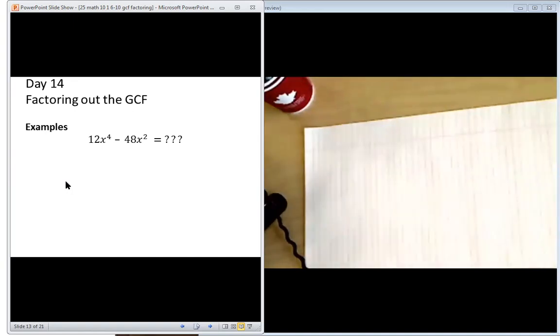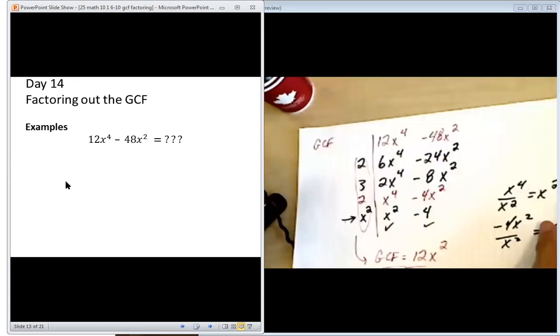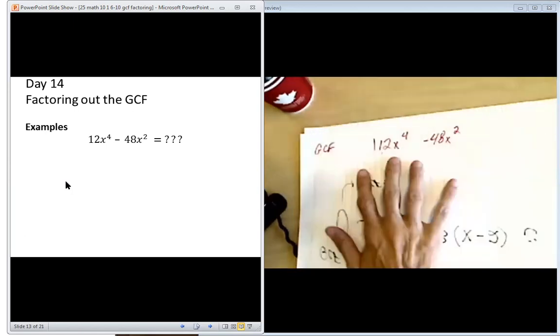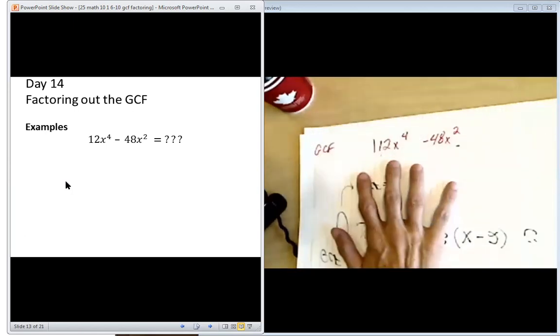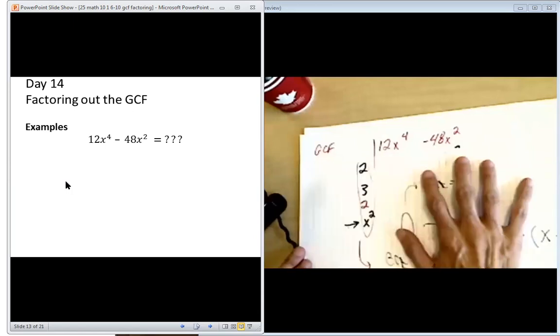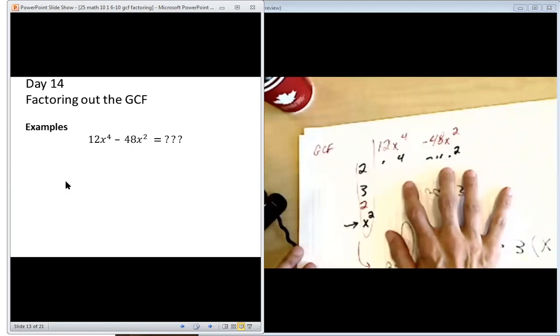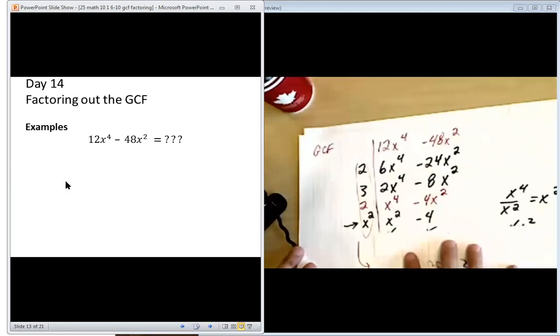So we've got to factor out the GCF from this thing here. Okay, we factor that out. So we find the GCF, which we did. And now we're just going to include that last line that we got from our other work.